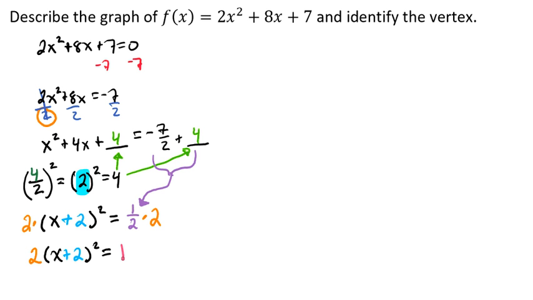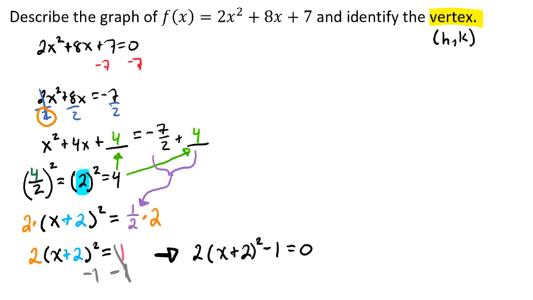Then to finish putting this into standard form, we are going to subtract our 1 over, and that is going to give us 2 times the quantity x plus 2 squared minus 1. Then from here, remember, our vertex is our h comma k.